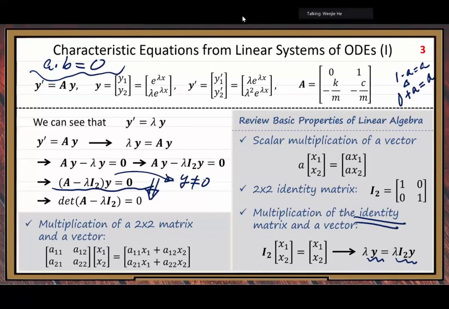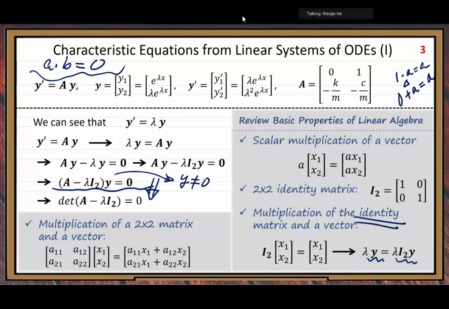That condition is that the determinant of the square coefficient matrix must be 0. It's a 2 by 2 square matrix. For a non-square matrix, we cannot define a determinant, right?